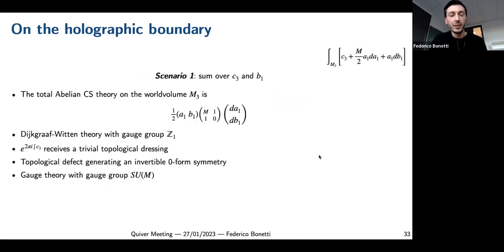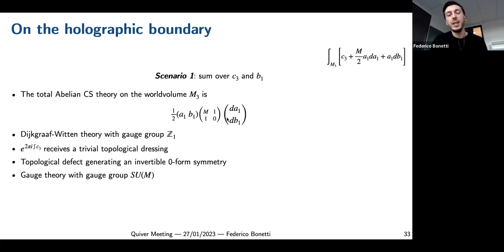In the first case, we let these bulk fields have both Neumann boundary conditions. So in particular, it means that now it's a game of 2 different dynamical U1 gauge fields. So it's again a Chern-Simons theory, but it has a non-trivial matrix of levels. It's not just one. And in particular, due to these ones off the diagonal, this is actually a sort of Dijkgraaf-Witten type theory with trivial gauge group.